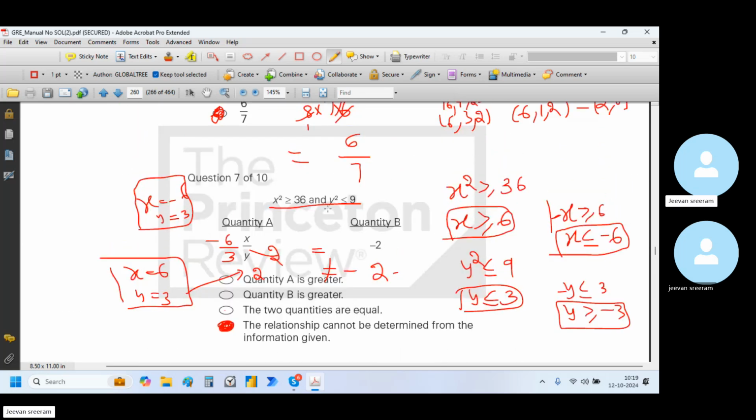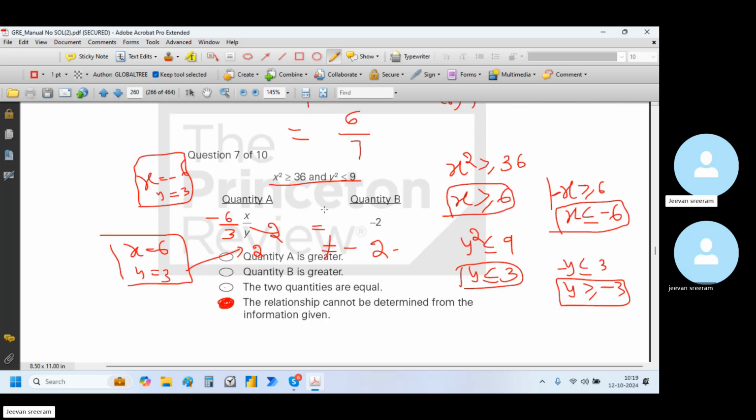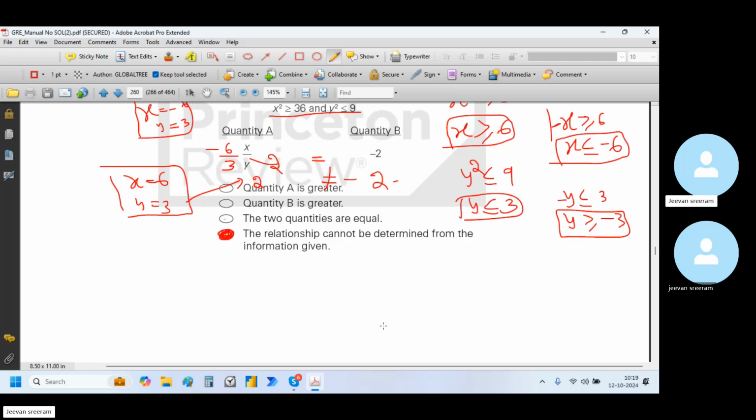Let's try to get the common region, the common range of values which are actually possible to be taken for x and y. 0, minus 1, minus 2, 3, we need up to minus 6, right? 6.